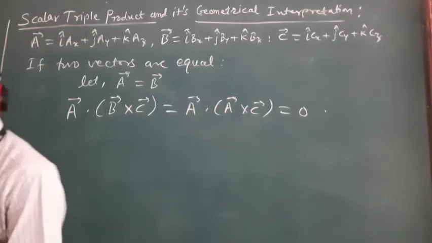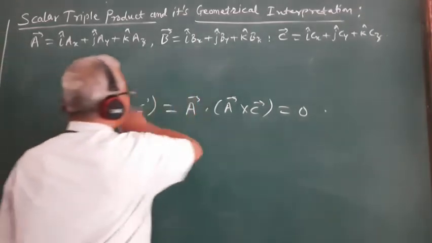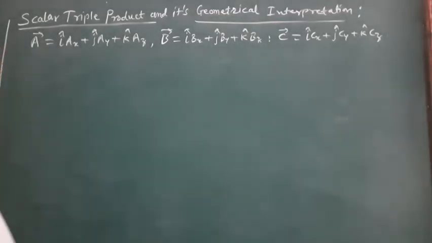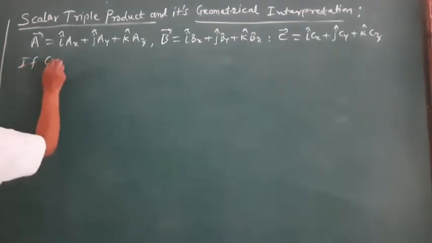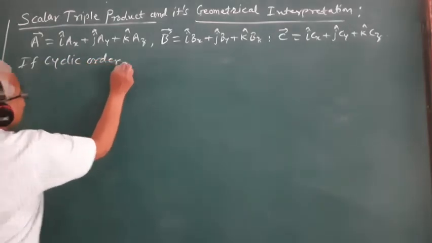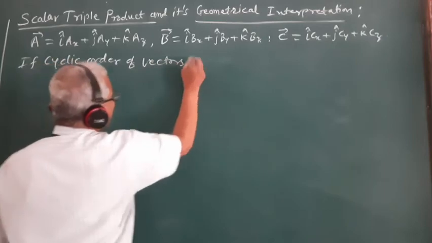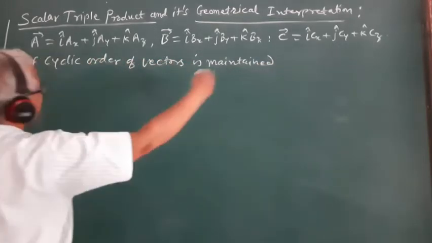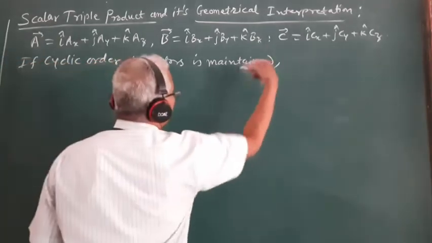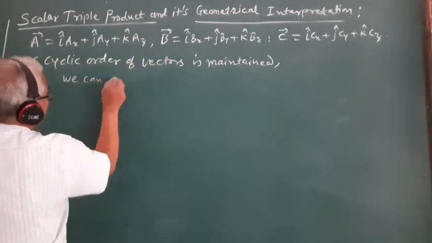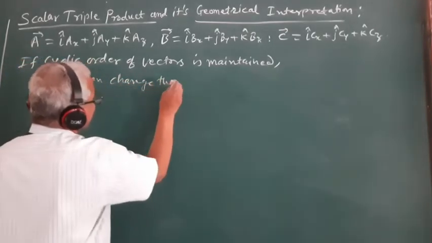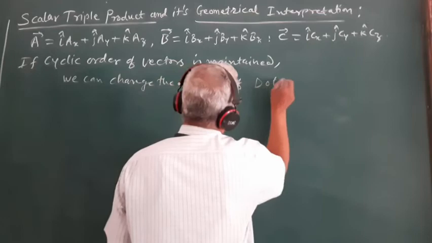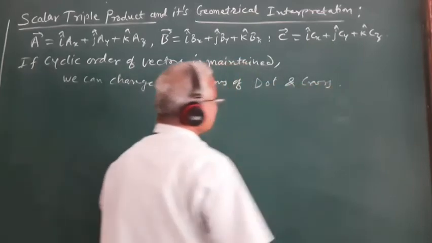The next property of the law obeyed by this scalar product is that if the cyclic order of the vectors is maintained, we can change the positions of dot and cross in the scalar triple product.